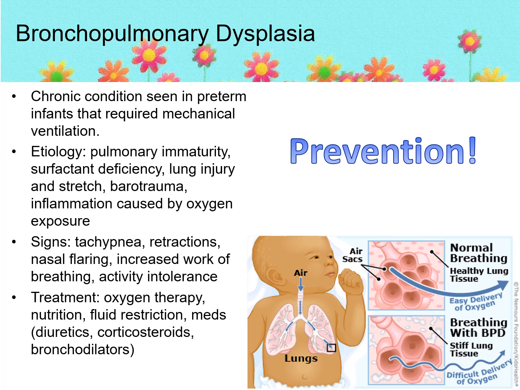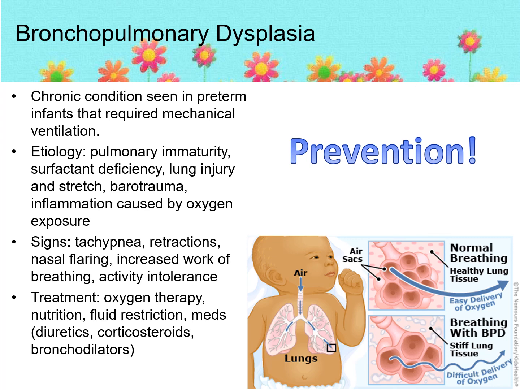Respiratory-wise, it's caused by pulmonary immaturity, surfactant deficiency, lung injury and stretch, barotrauma, and inflammation caused by oxygen exposure. Our signs are going to be tachypnea, retractions, nasal flaring, increased work of breathing, and activity intolerance, so things like feeding or being handled.